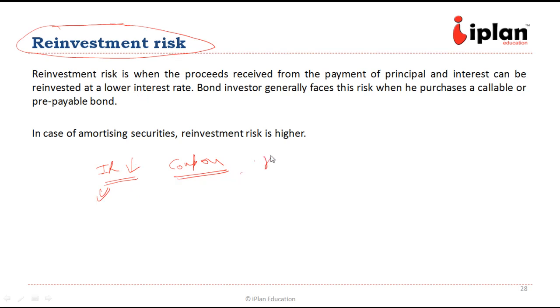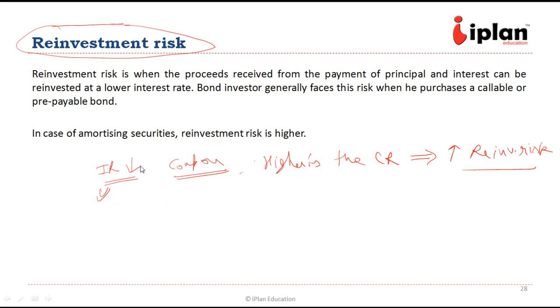So higher is the coupon rate, higher is the reinvestment risk. Also, if there is a possibility that principal itself can be prepaid before the structure, then the reinvestment risk will be even higher.